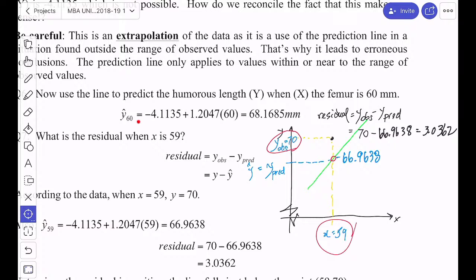This is a different question here. This was to find a prediction when it's 60. So it was finding the value here, which would be higher, right? 68.1685 would be here.